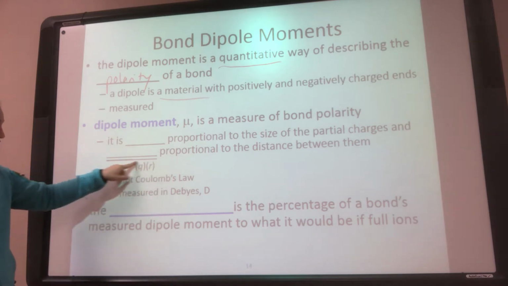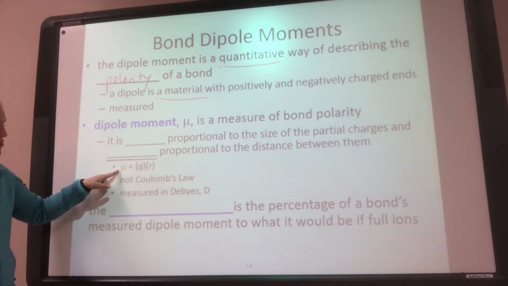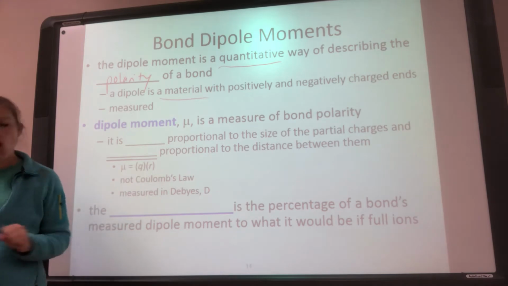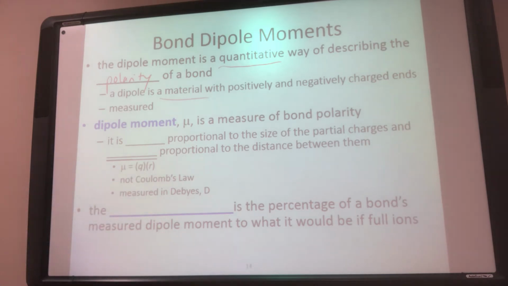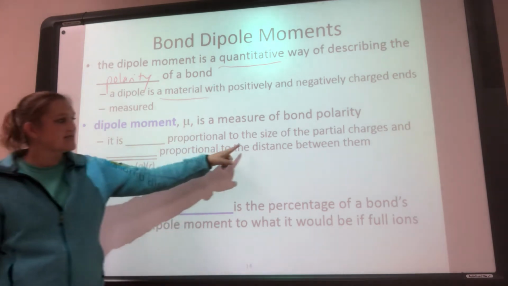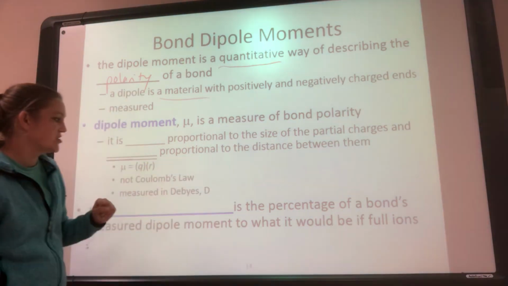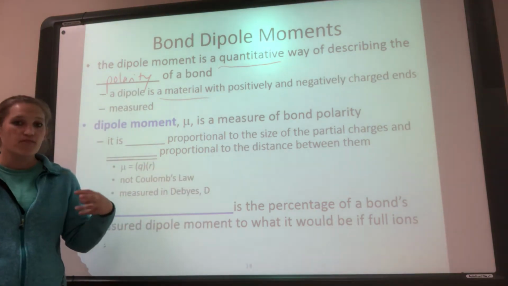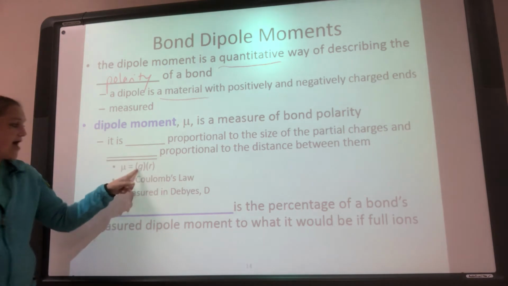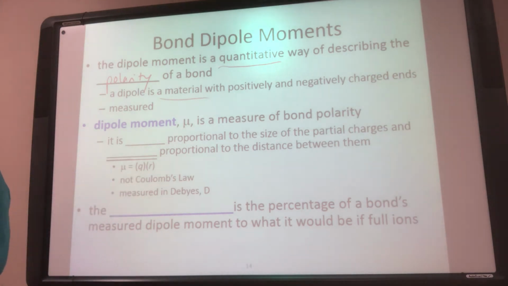Here's my equation for my dipole moment. So the dipole moment is equal to Q times R. So what is Q? Q is the size of those partial charges. So it is how big of a partial charge it is, and that is going to be directly proportional.